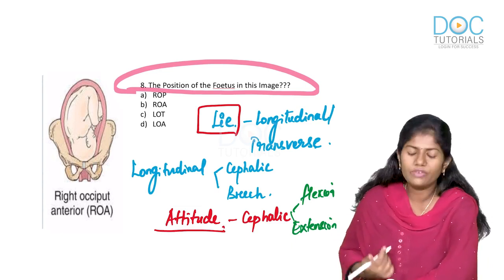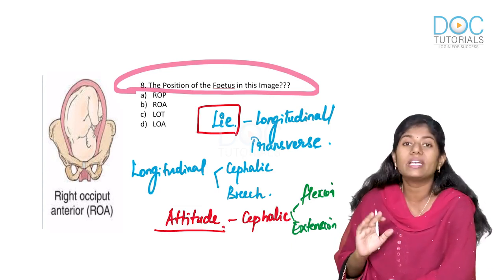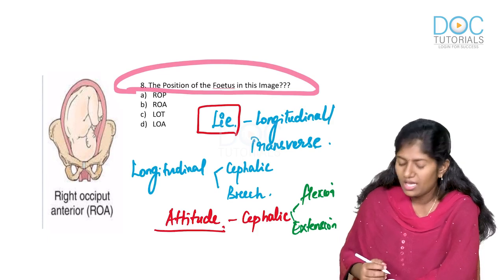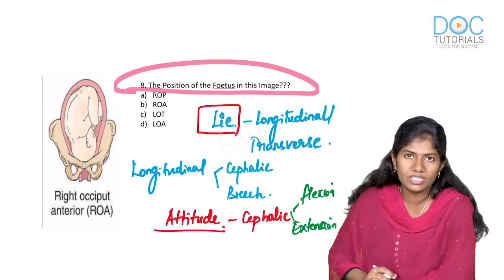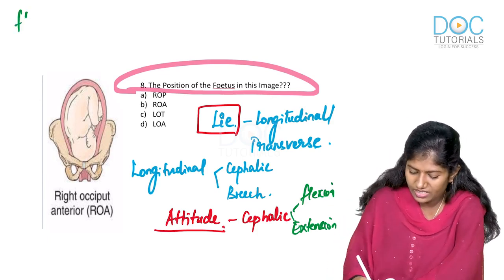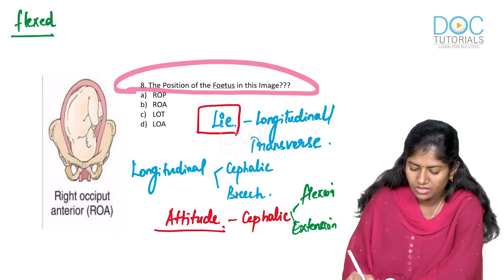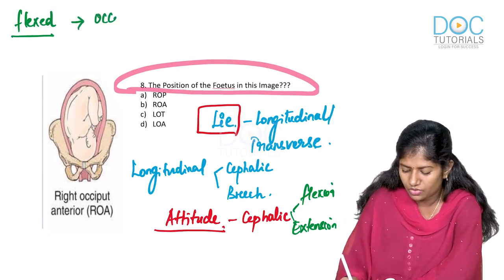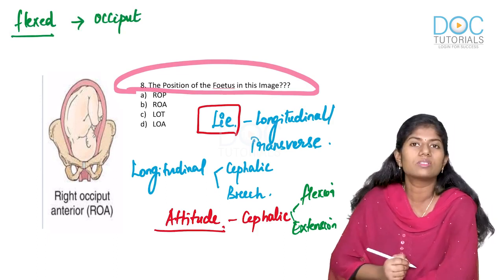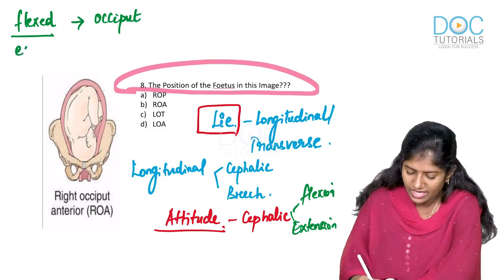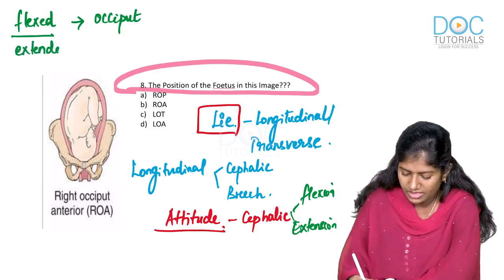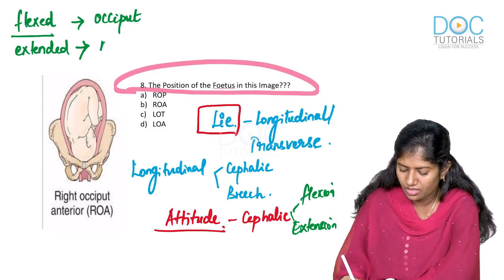See whether the head is flexed or extended. Accordingly, you will choose the denominator. If the head is flexed, the denominator will be occiput. If the head is extended, the denominator will be mentum.